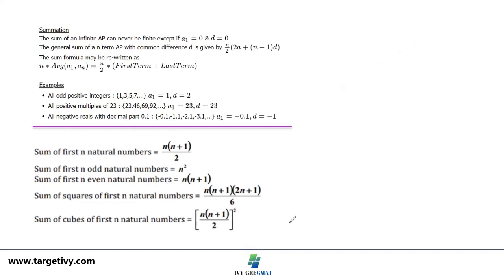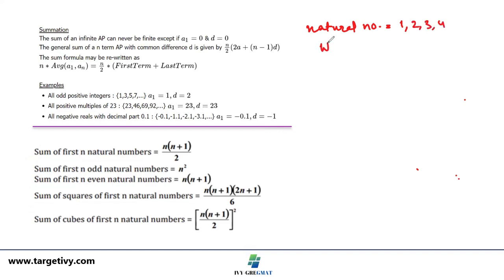Now, having said that, from the previous formula we have derived something like this. Let's look at it further, and we'll realize how it is handy. Sum of the first n natural numbers. What are natural numbers? Natural numbers are numbers which start with 1, 2, 3, 4. A basic understanding: natural numbers are positive integers, starting from 1 followed by 2, 3, 4.